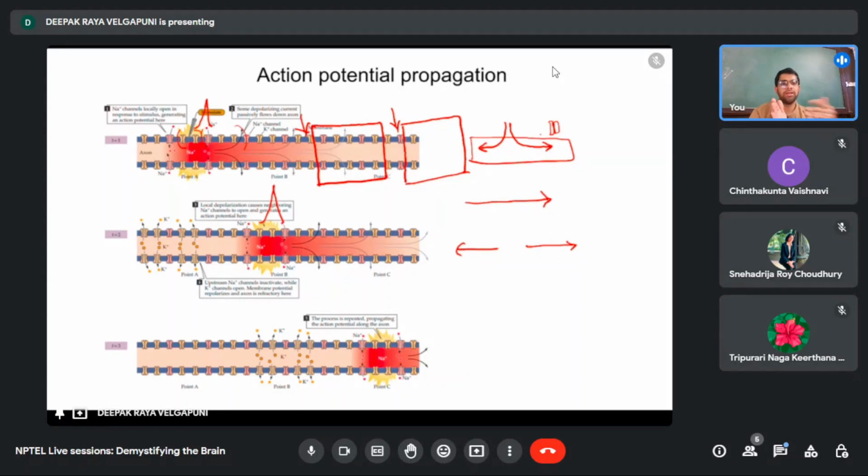You generate here, the current propagates to the next, and the propagation speed of current, compared to the mechanisms of ion channels, is faster. So, got it. Yeah, that's what I mean.